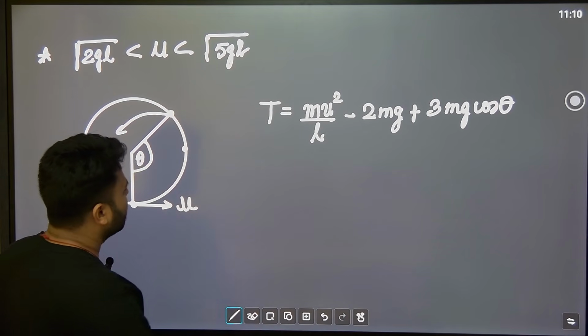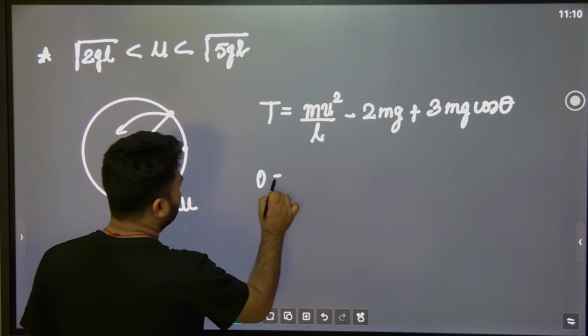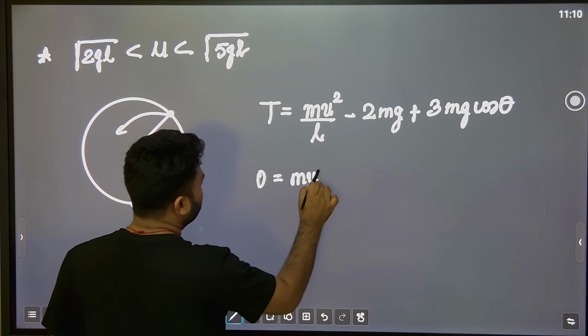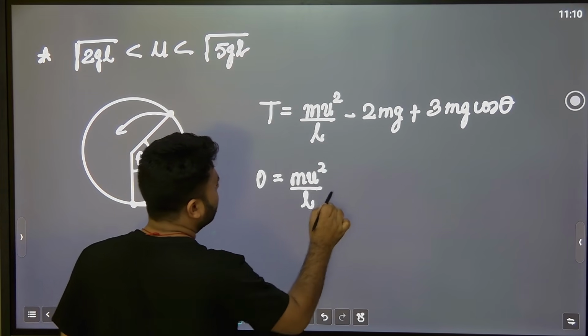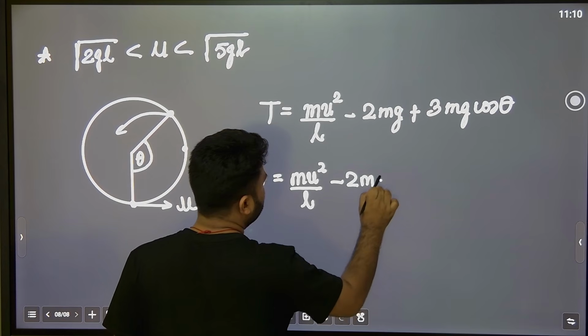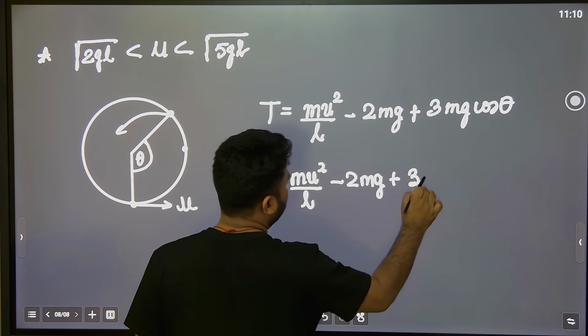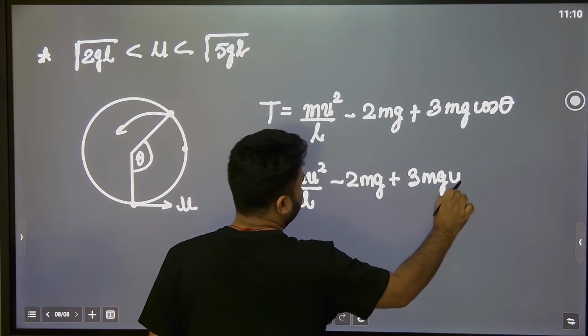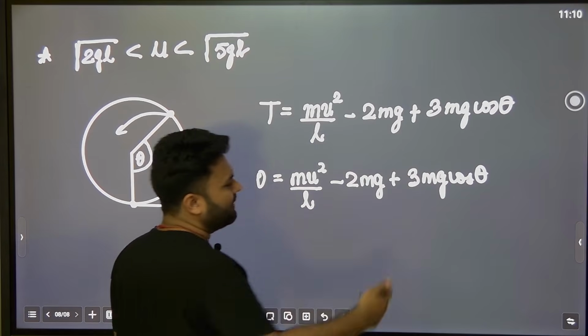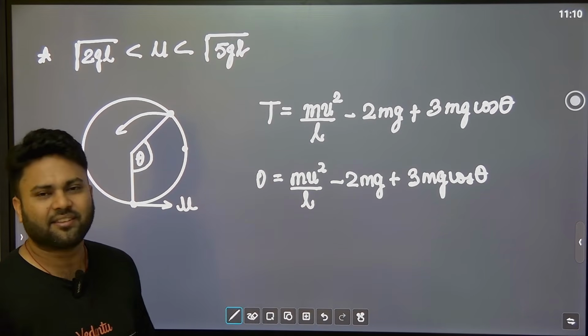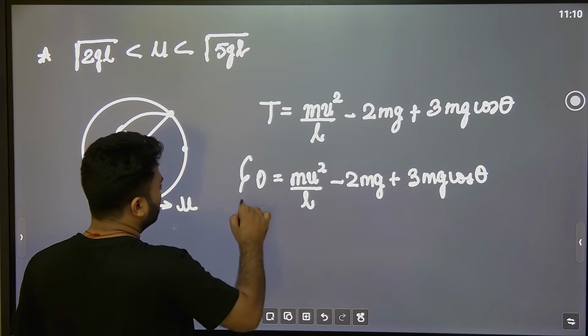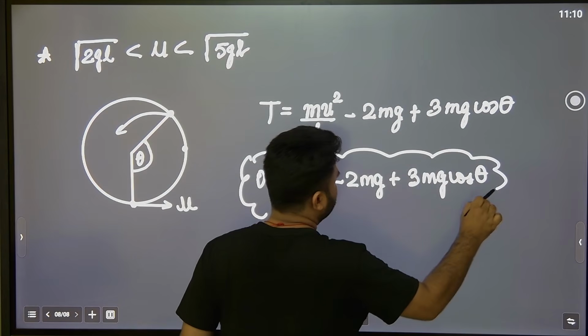So here tension has become 0, so put 0. So 0 equals mv square by L minus 2 mg plus 3 mg cos theta. You can put the values and get the answer. For this theta, they will give the values: mass is this, speed is this. So you have to understand this.